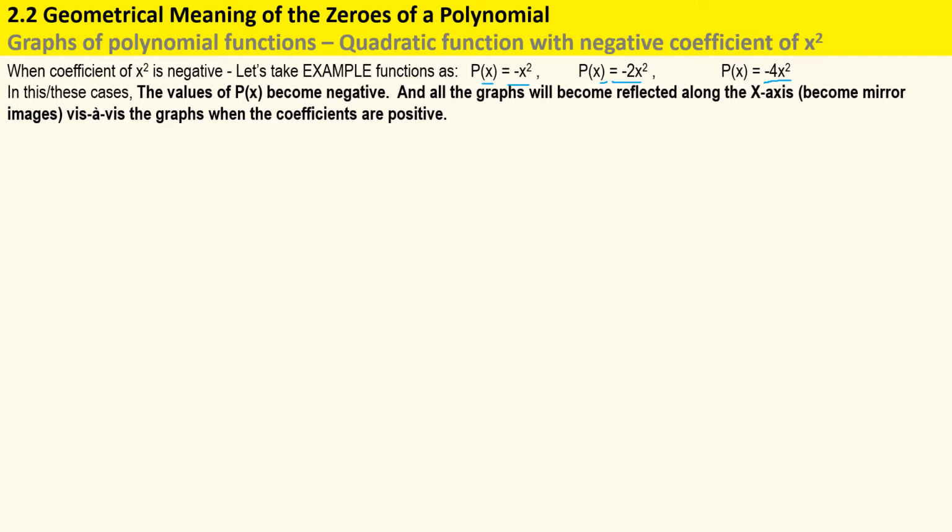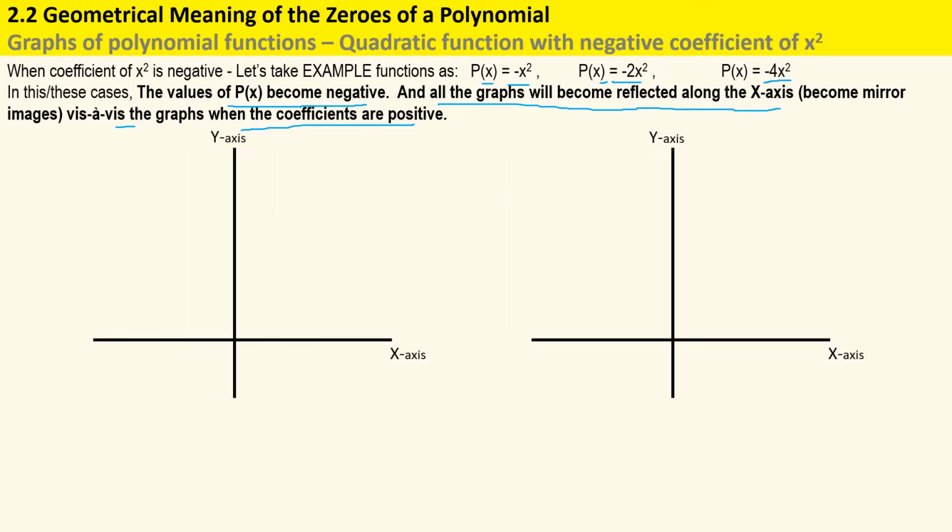In these cases, the values of p(x) become negative, and all the graphs will be reflected along the x-axis. That is, they will become mirror images of the graphs as if the coefficients were positive. So let's first draw and then we'll talk about it a bit more. This is our x-axis and the y-axis.